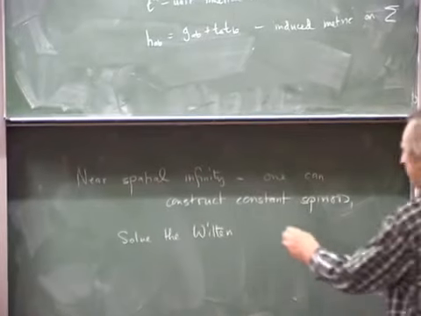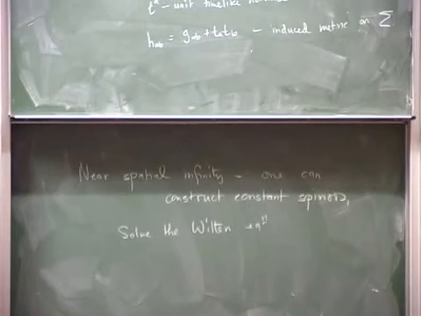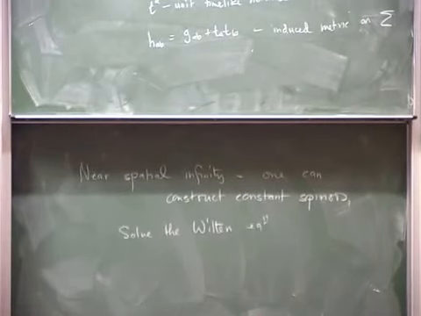So you want to solve the Witten equation in such a way that the solutions are asymptotic to the constant spinors.